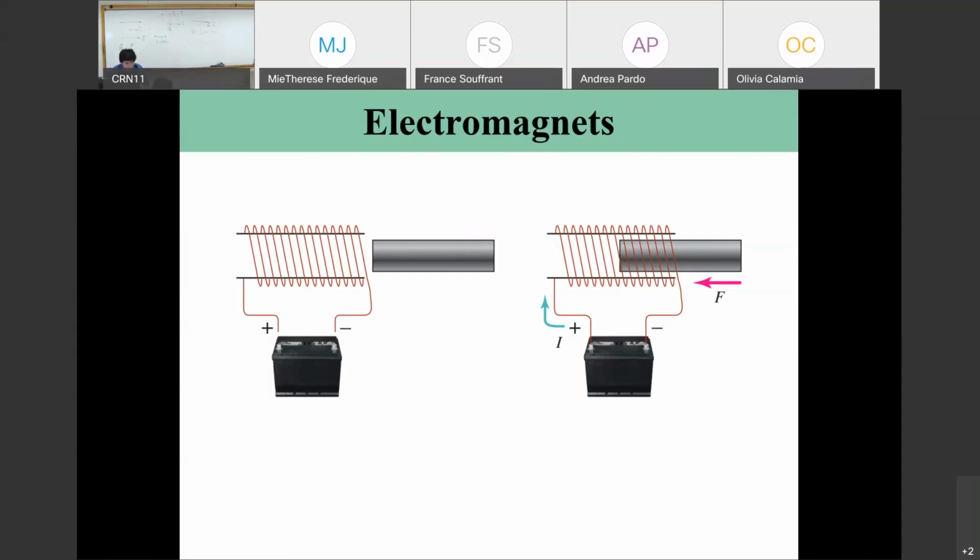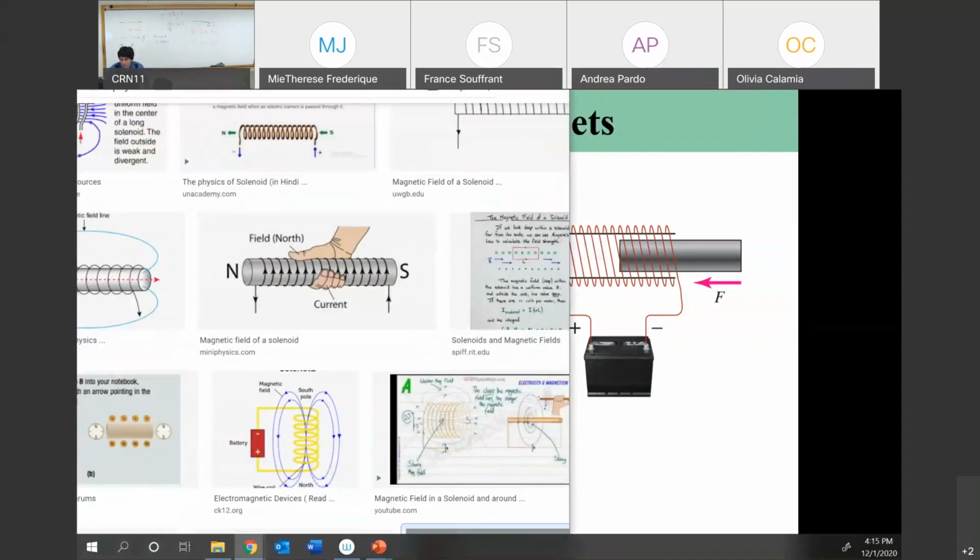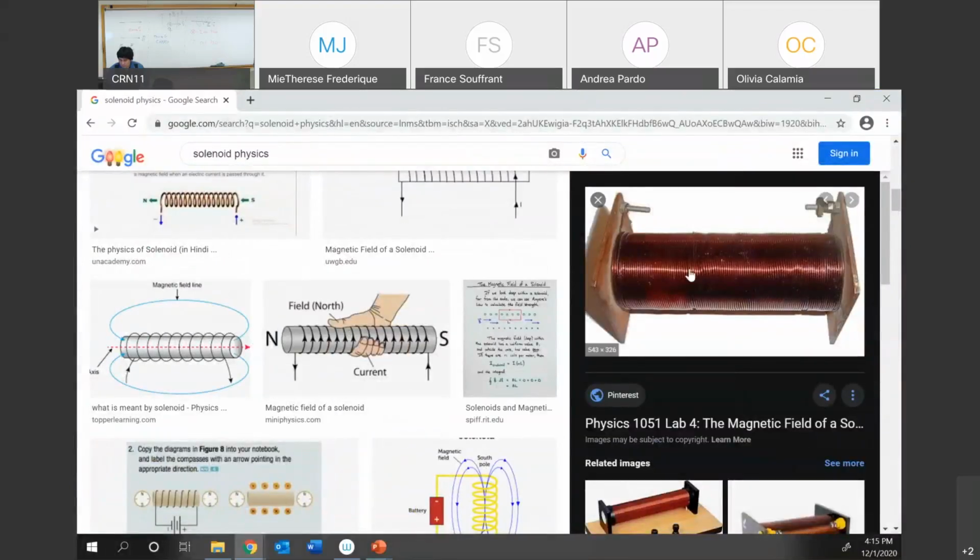Just to show you what a solenoid is in real life. It's a very important source of magnetic field, by the way. Oh, there it is. So this is a typical solenoid we use in the lab. You can see there can be hundreds of turns in here. So, if we connect the solenoid to a battery, in this pin, right?